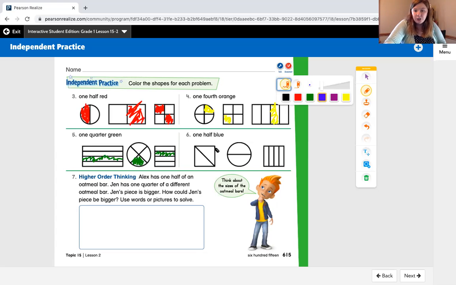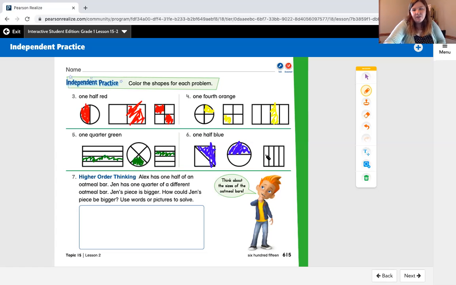Number 6 says 1/2 blue. So 1 out of 2 need to be blue, or 2 out of 4. All right. I'm going to color in one section, and now half of this shape is blue. What should I do on this one? I'm going to color in half of the shape, or 1 out of 2 sections.